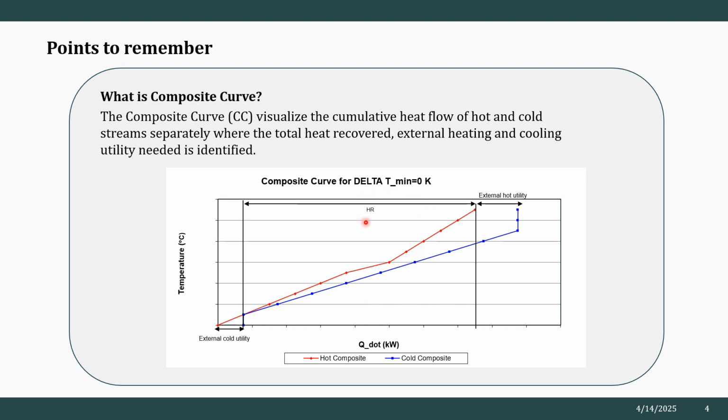So energy from the hot stream can be directly transferred to the cold stream via a heat exchanger. And the amount of external heating needed in that process is found in the region where the highest heating demand lies, and vice versa for the external cold utility.